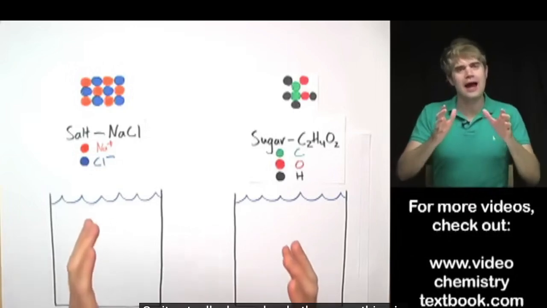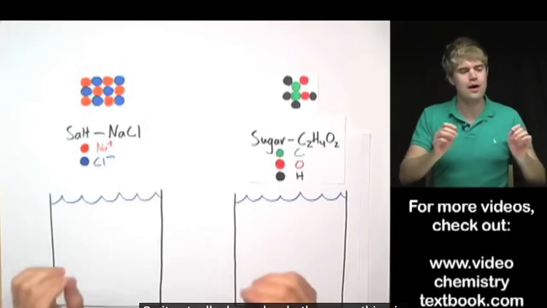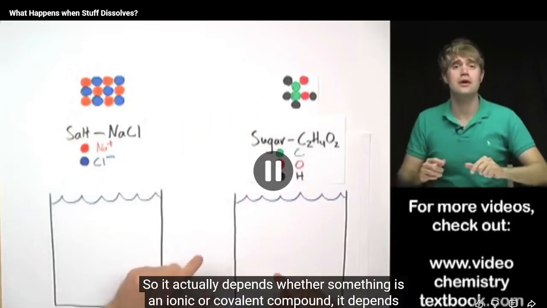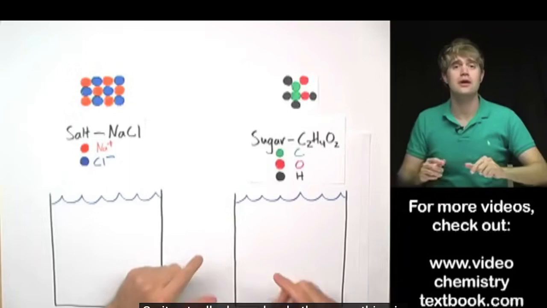So it actually depends whether something is an ionic or a covalent compound. And you guys right now are going to talk with your neighbors, and you are going to figure out how you know if something is an ionic compound or a covalent compound. You're going to describe that to your neighbor.